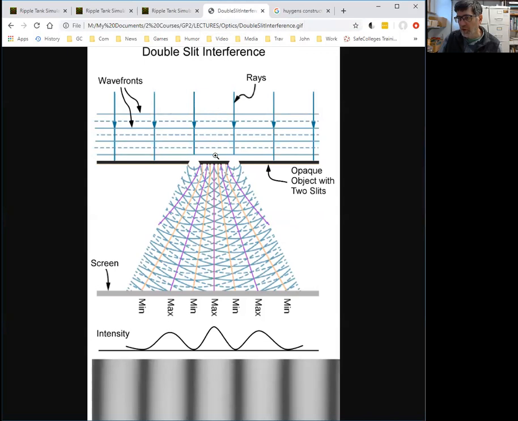Plane waves approaching this barrier with two openings in it. The lines here are meant to be the wave crests, and the dotted lines are the troughs between waves. These straight lines with arrows are a different way of representing the traveling waves as sort of rays that just tell you what direction they're propagating.